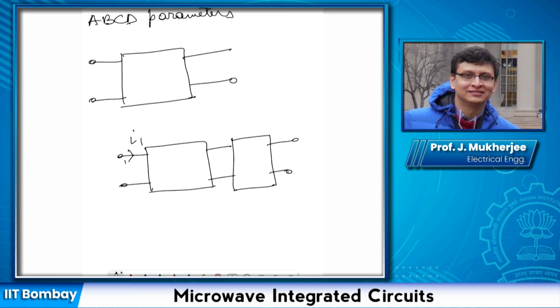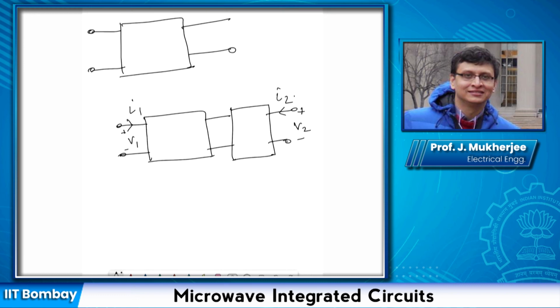The reason being, suppose here the voltage is V1, and here it is V2, this is I2. So suppose for one particular network, say here my current is I1, voltage is V1, voltage is V2, and current is I2.